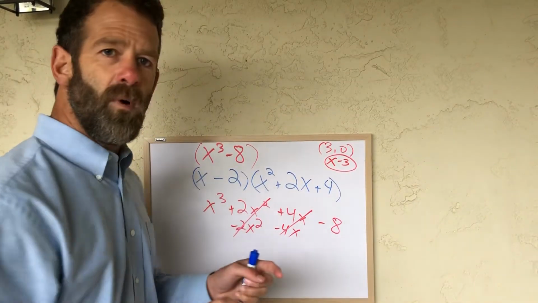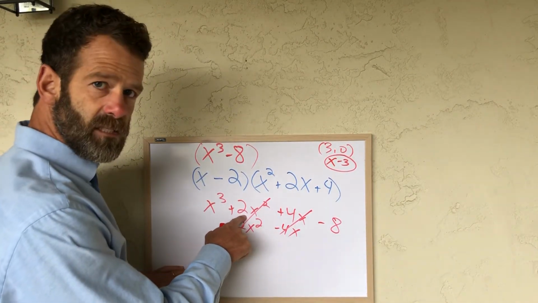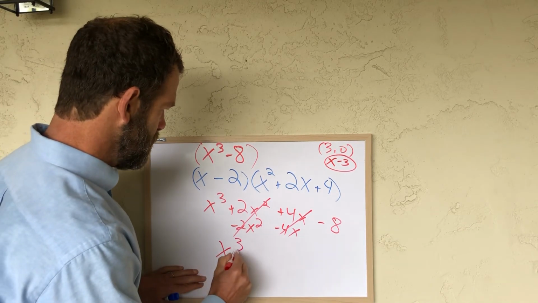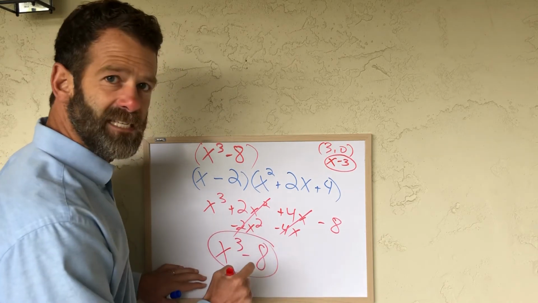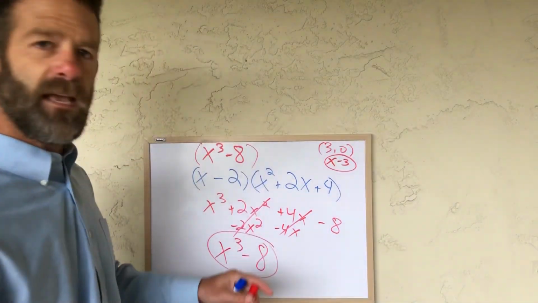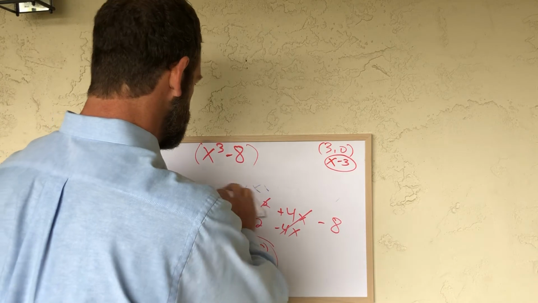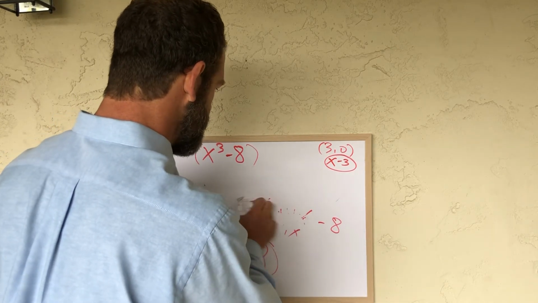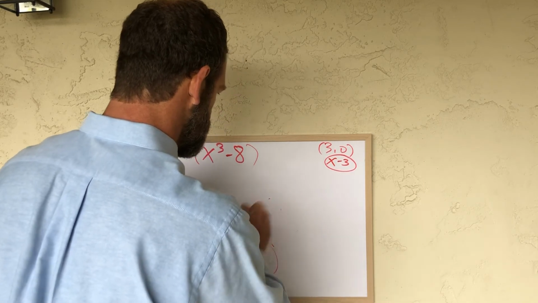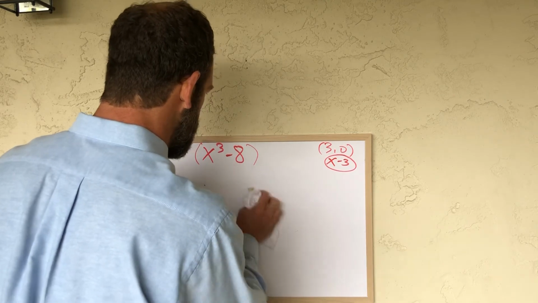And then look, once I factor everything out, I'm going to have these squares cancel out. I get x to the third minus 8. And this is the exact same as this binomial right up here. Same thing. Everything ends up canceling out, which is great. All right, I'm going to go back to the first page. Remember I told you a second ago, I want you to try and find the very first thing on this note.